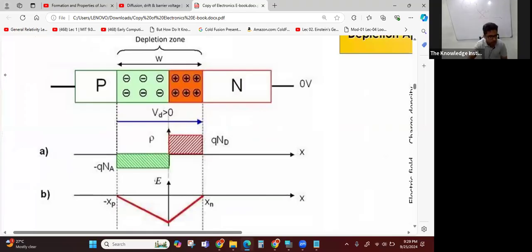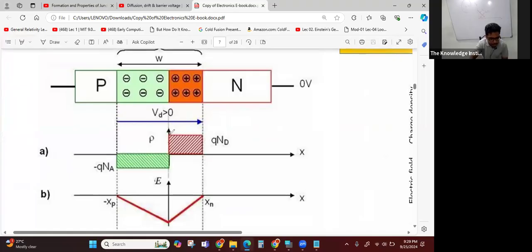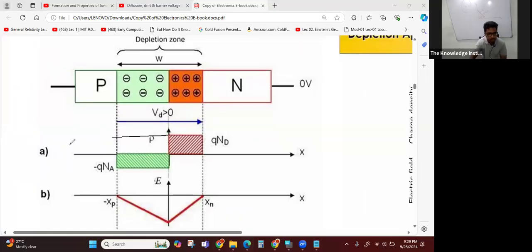This value and this value, the gap, this gap is the VB, the potential barrier. Okay, the difference is the potential barrier. So this graph is there in the syllabus, you should know it.